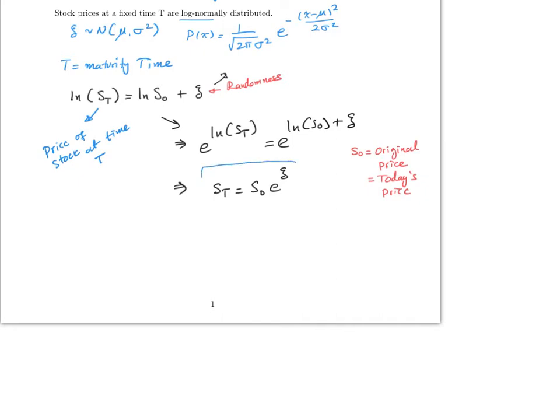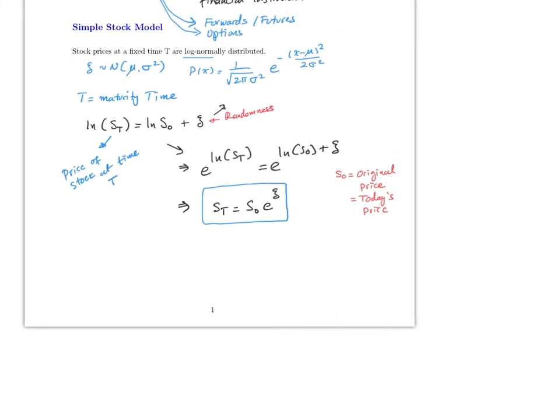Therefore, this formula, which we're going to use multiple times in the future, is telling you that the price of the stock at time T is related to the initial price times e to some random variable, which in this case is the normal distribution. This is another way to say that the stock prices at time T are log normally distributed.